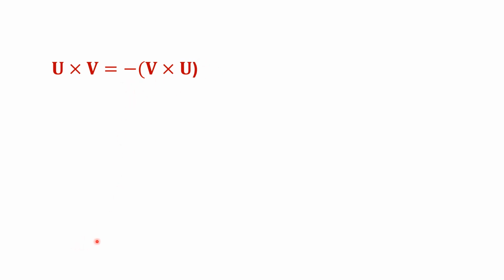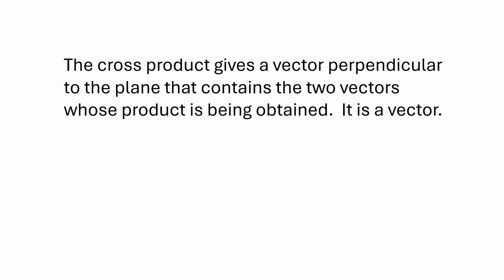So not always will the vectors be in the xy plane. They might be tilted. The cross product will be perpendicular to the plane that will contain those two vectors. And the cross product is a vector.